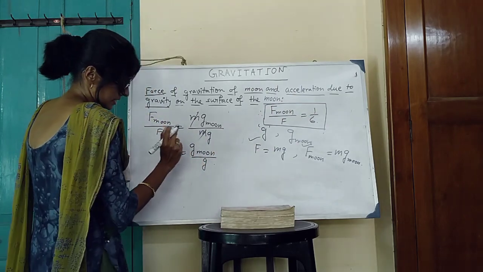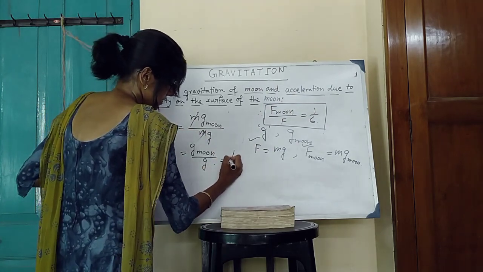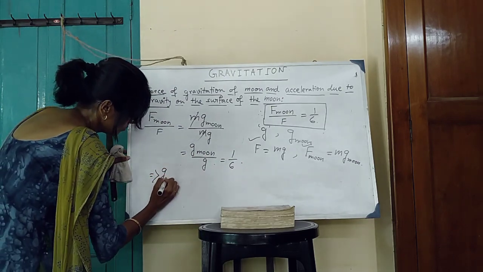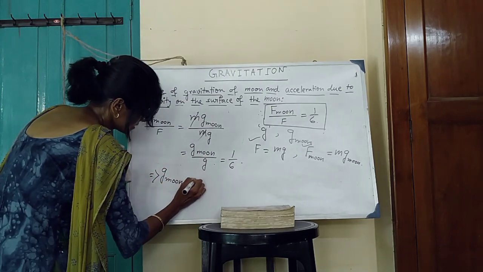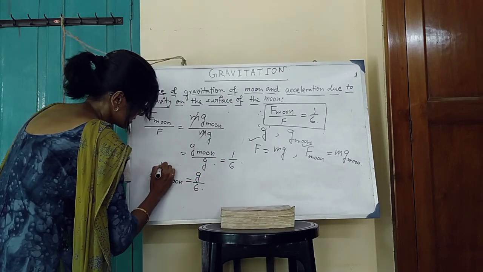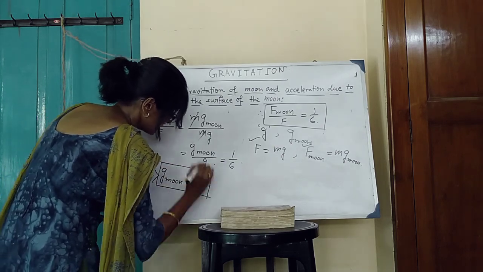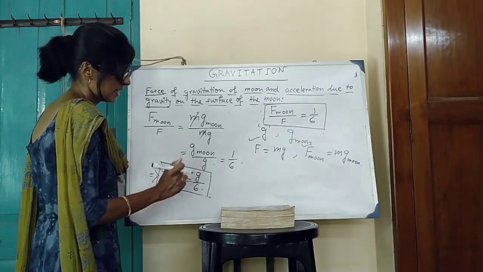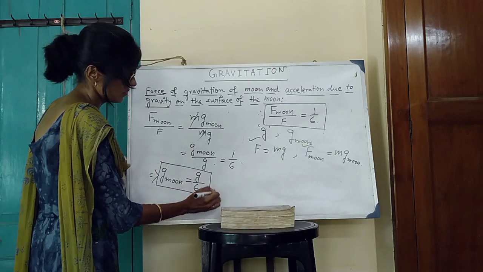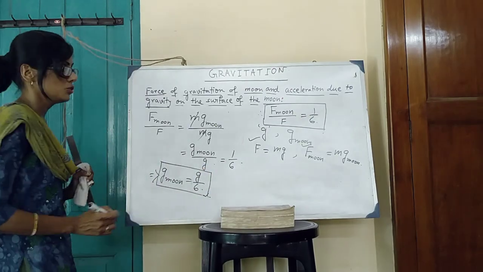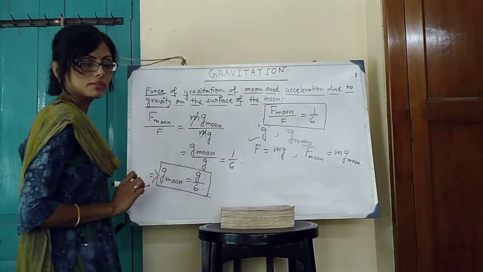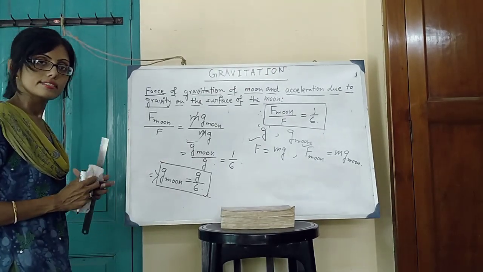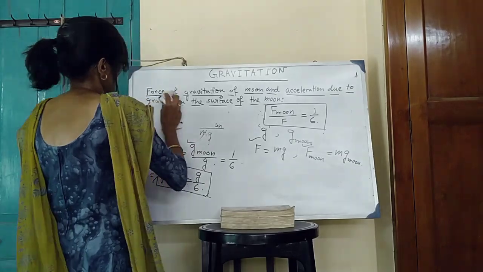So g moon by g is equal to 1 by 6 also, which implies g moon is equal to g by 6. Acceleration due to gravity on the surface of moon is 1 by 6 times of the acceleration due to gravity on the surface of earth. Understood? Same relation. Next topic.